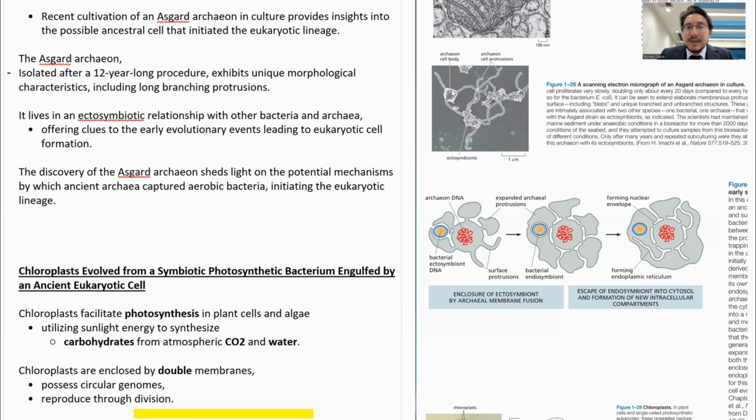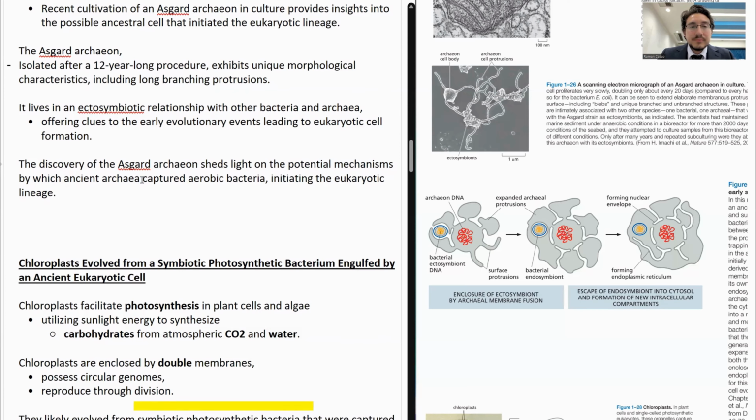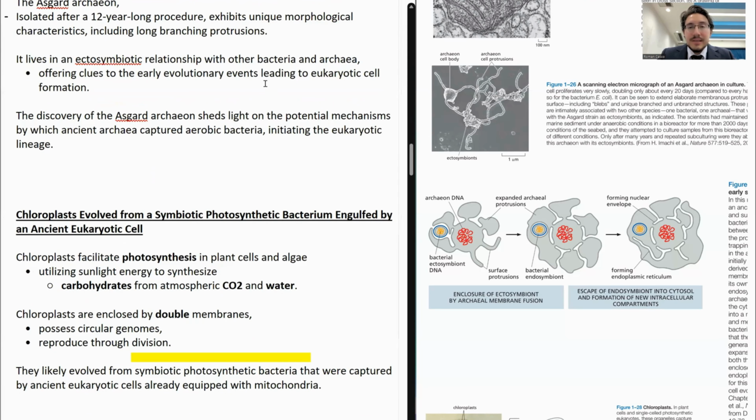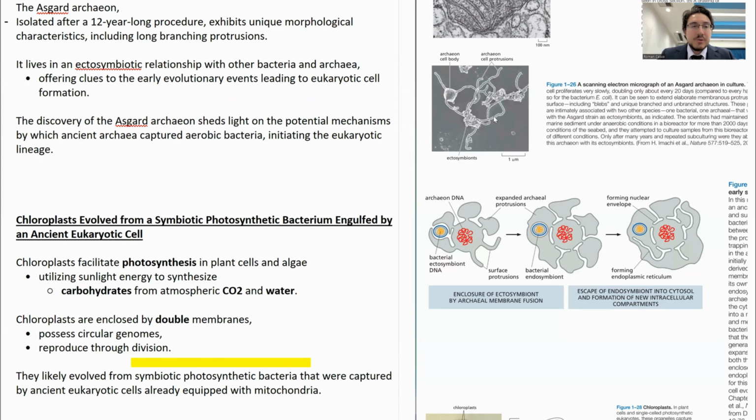You had this archaeon body, and you had these little filamentous protrusions that were being shown. Some features that could be seen in these structures show some initial ectosymbiotic relationship with other bacteria and archaea.